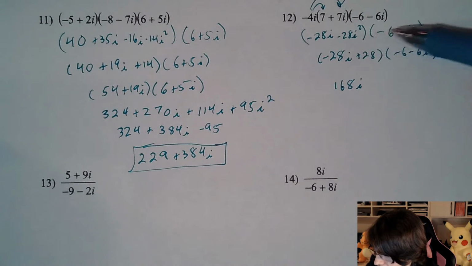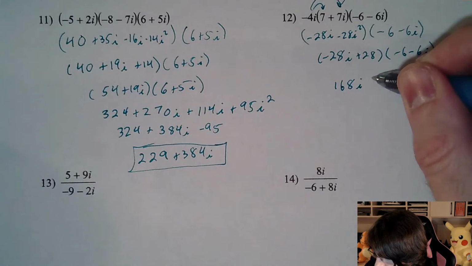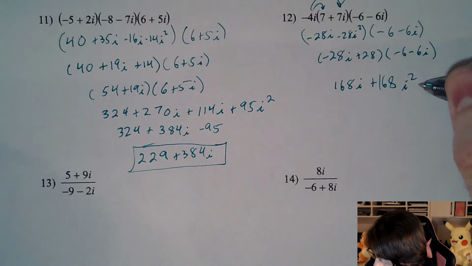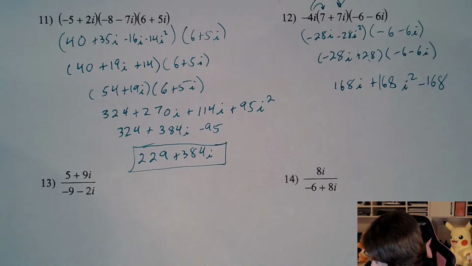So our outer two here is going to be negative 28 times negative 6i. So two i's there is going to be plus 168 i squared, and then minus 168 here in the center, and then finally 28 times negative 6, so it's going to be minus 168i.